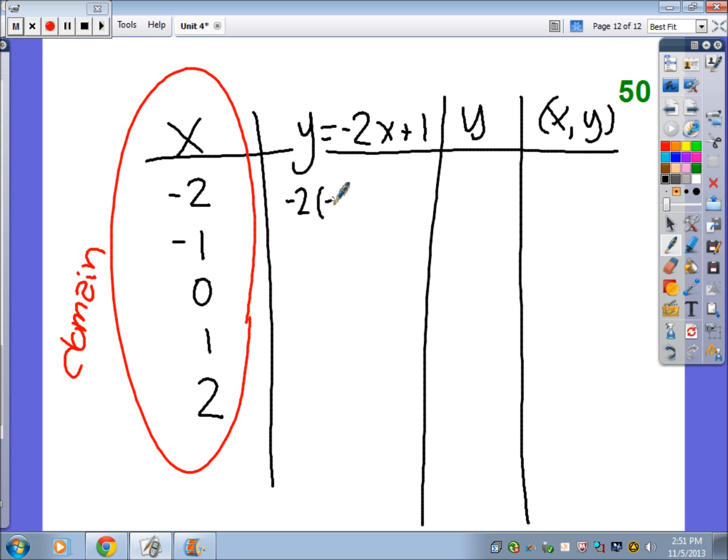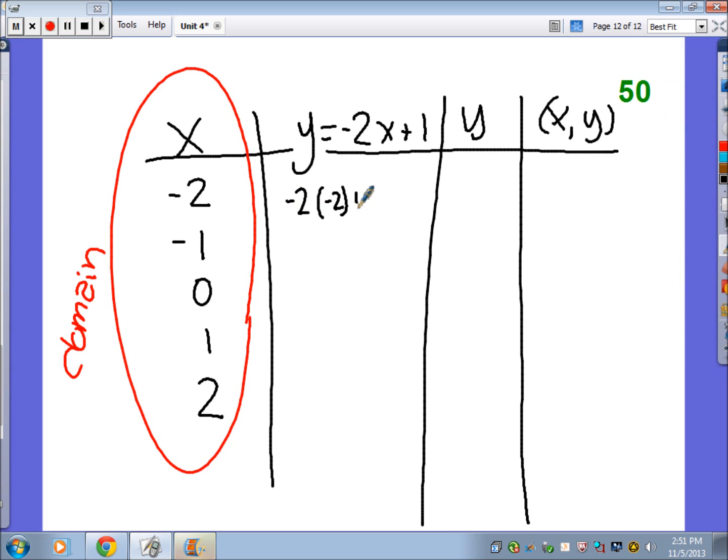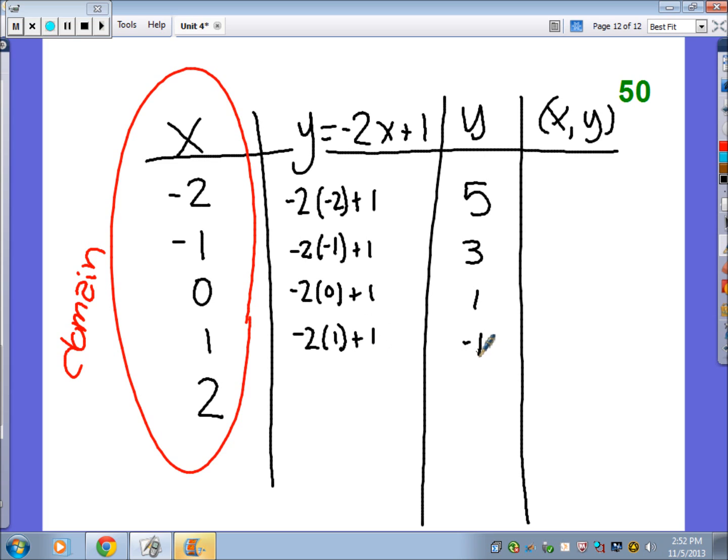Negative 2 times negative 2 plus 1 is 5. Negative 2 times negative 1 plus 1 is 3. Negative 2 times 0 plus 1 is 1. Negative 2 times 1 plus 1 is negative 1. Negative 2 times 2 plus 1 is negative 3.